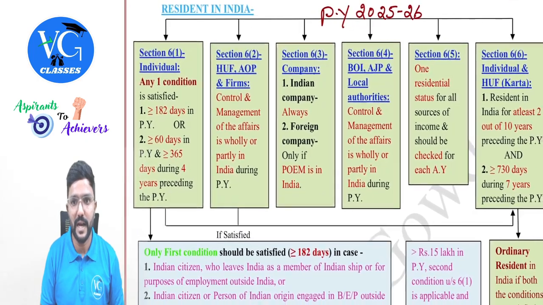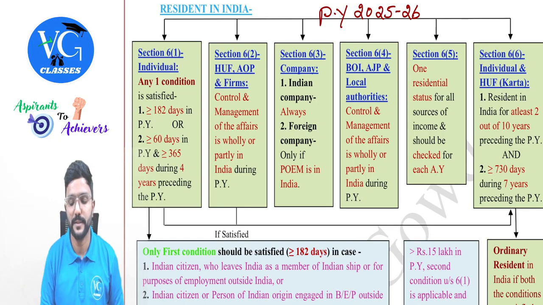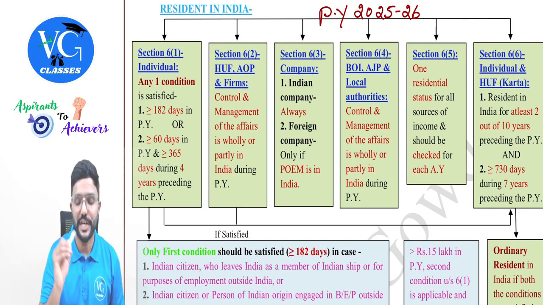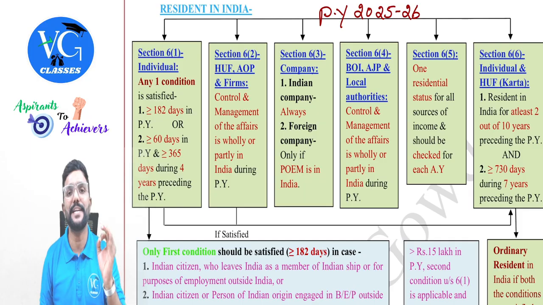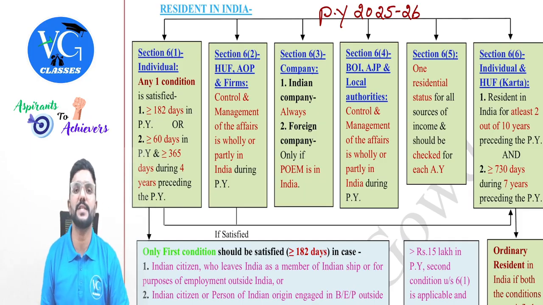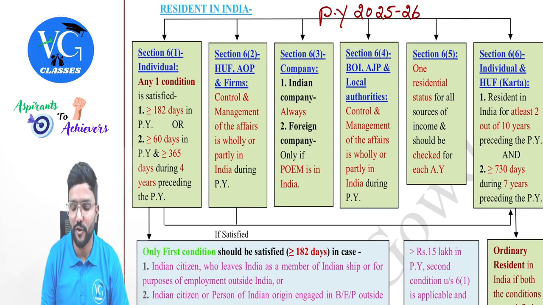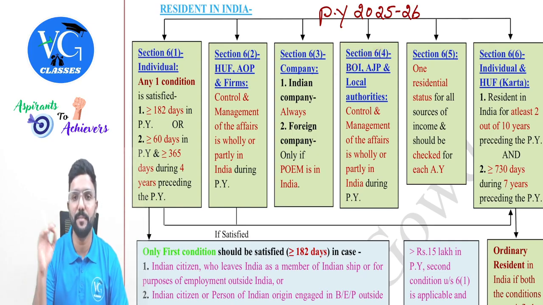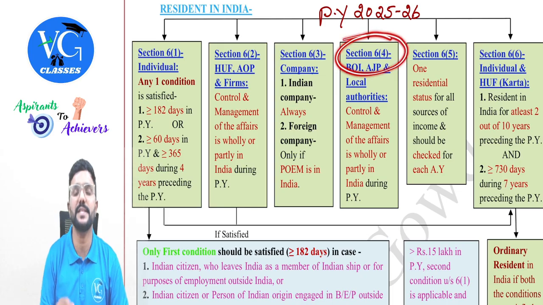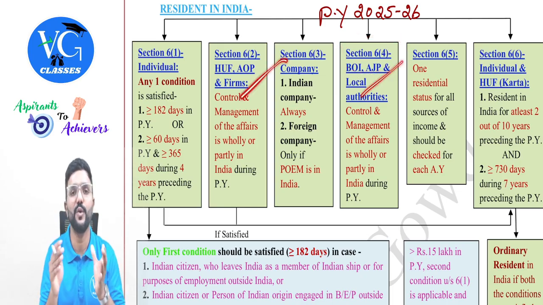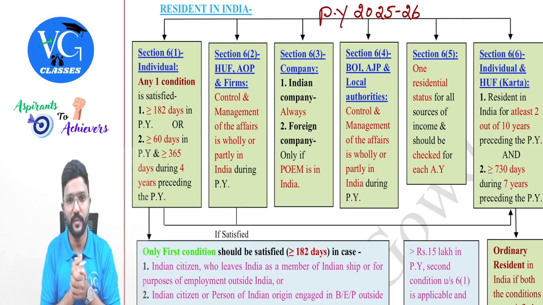Now let us focus on the other category of persons. The residential status of HUF, AOP and partnership firms is given in section 6.2, whereas the residential status of body of individual, artificial juridical person and local authorities is given in section 6.4. But I will cover both of them together because the criteria is the same.